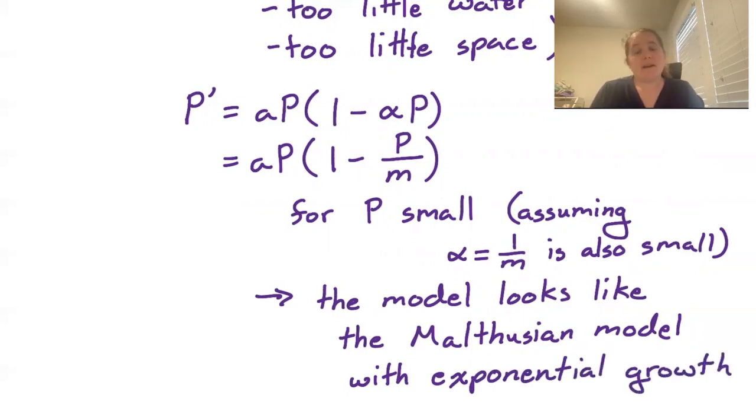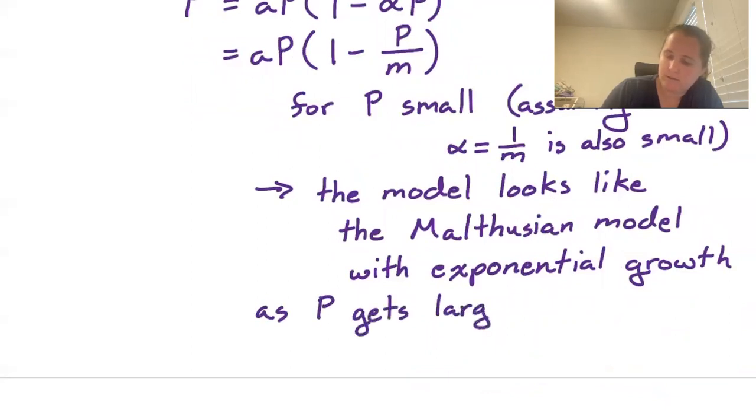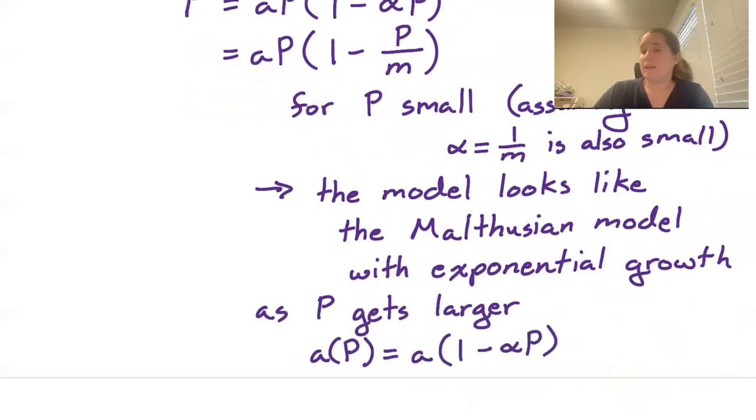But as the population gets larger, what's multiplying P is going to be getting smaller and smaller. So as P gets larger, our A of P, which multiplies P, A times 1 minus alpha P, is going to get smaller and smaller. So the rate of change per individual is shrinking.